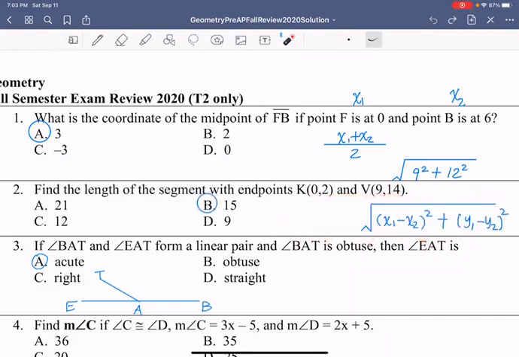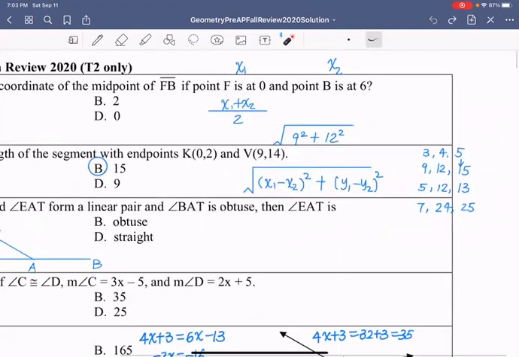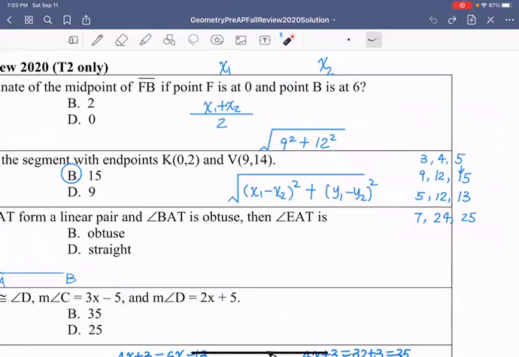Very good. Even though you calculated the answer, I want to show you a quick way of doing this. You can say 81 plus 144 is 225, and this is 15. We want to know this: 3, 4, 5 is a Pythagorean triplet.